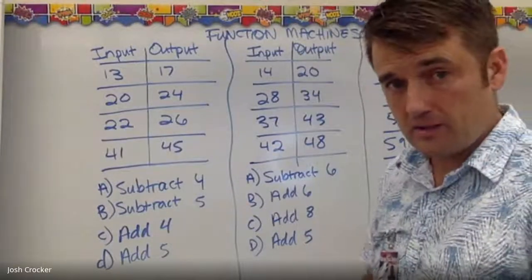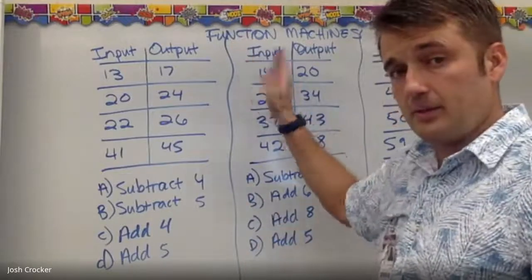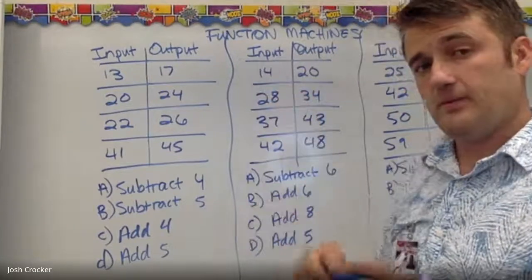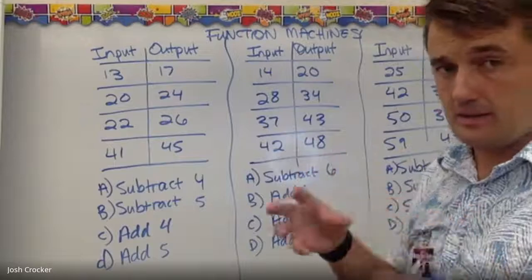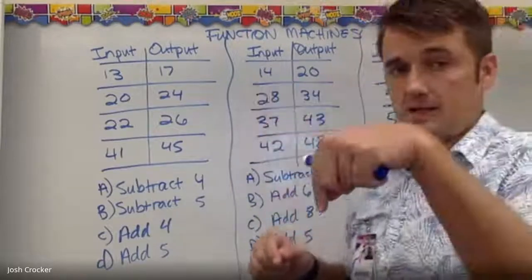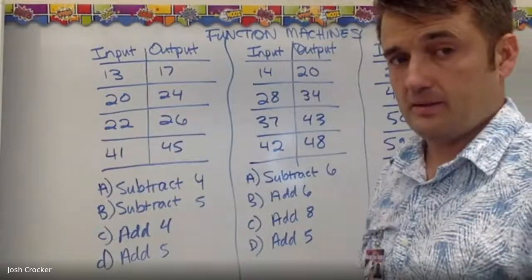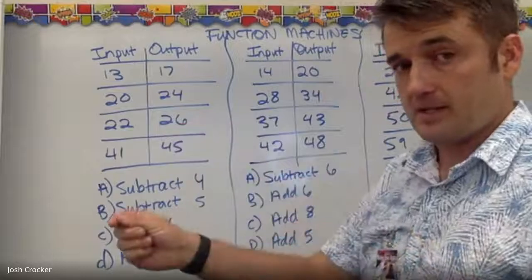In a function machine, you will have an input and an output, okay? Input, output. So think of it like you've got a little box, a machine. We put in the number 14 and out comes the number 20. So we put in a number, the machine does something, it gives us a different number.